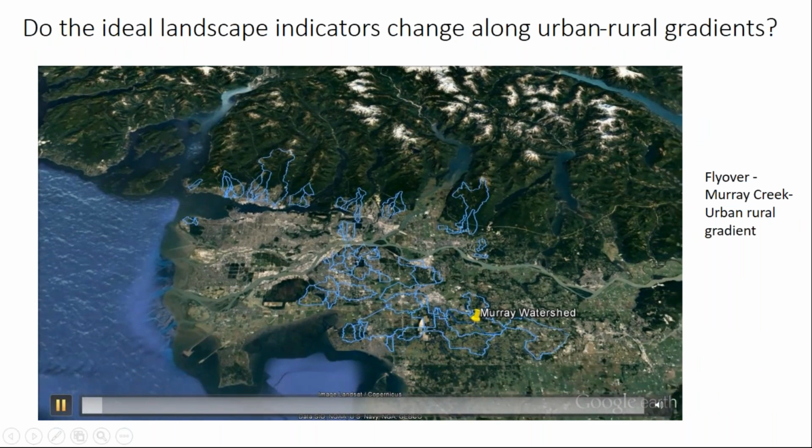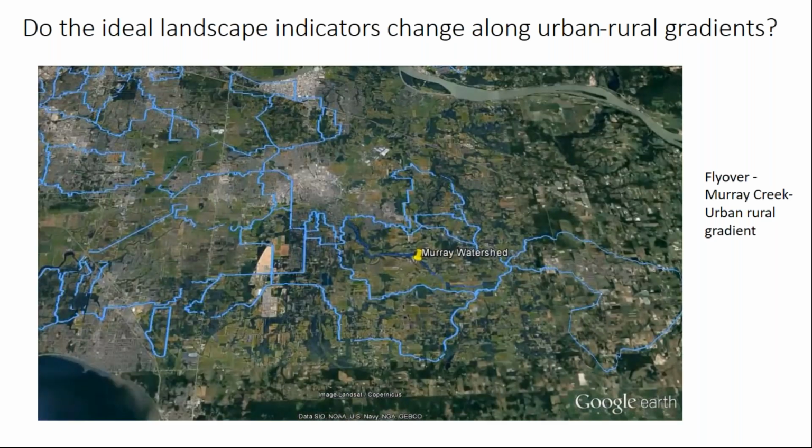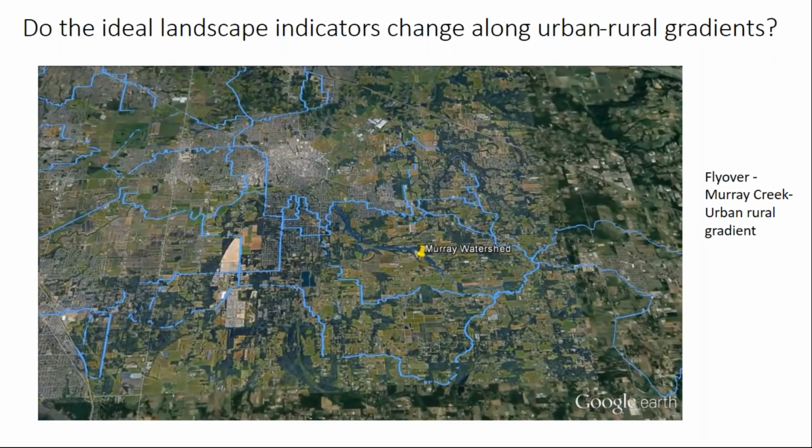here's a visual of flying across some urban-rural gradients throughout the region.